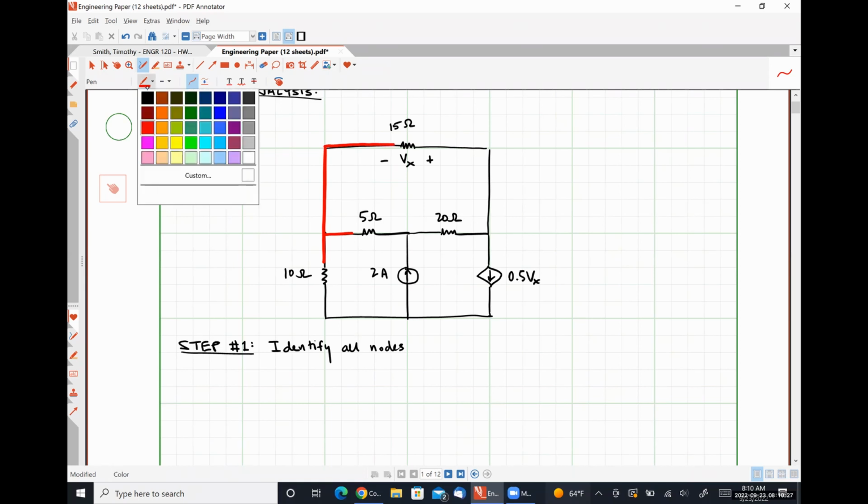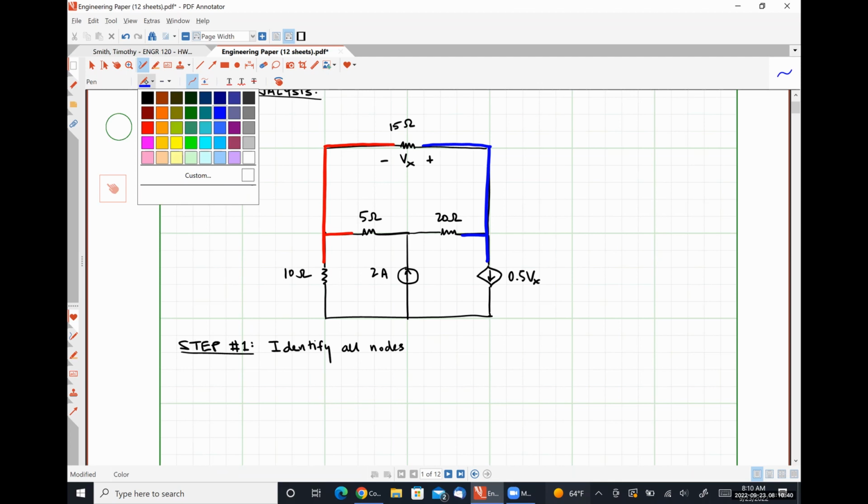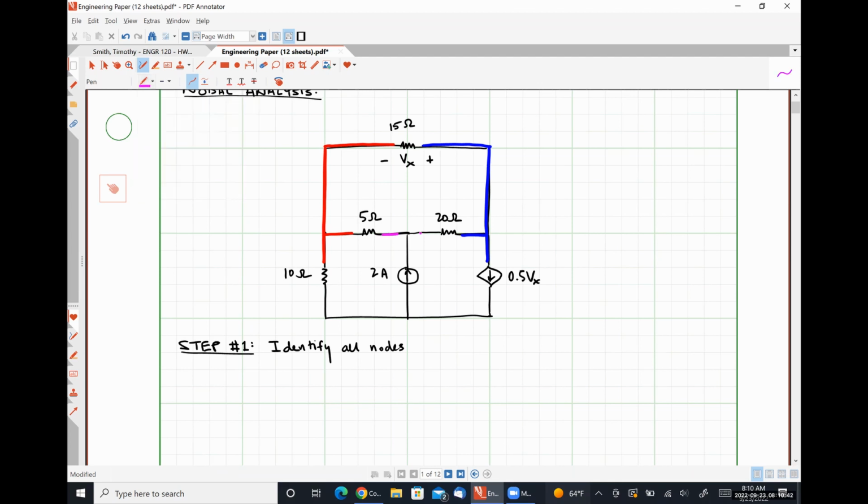So I have a node on the top left that I've put in red. I have a node on the top right that I have put in blue. I have a node here in the middle of the circuit that I've labeled in pink. And I have a node here on the bottom of the circuit that I've put in green.